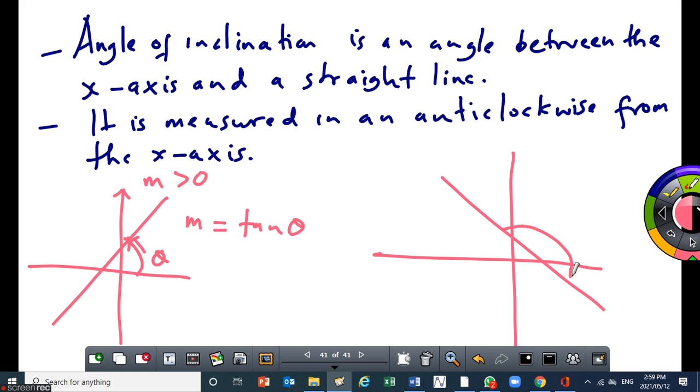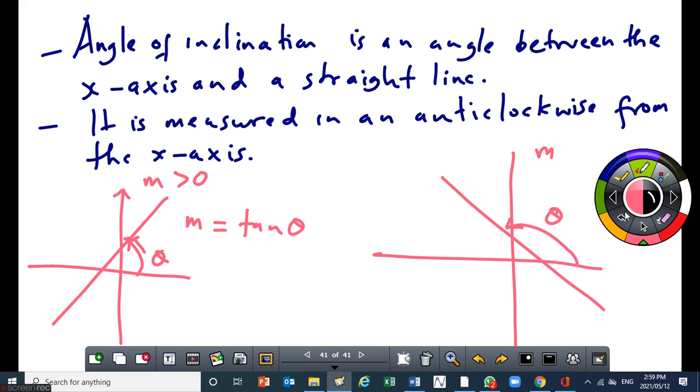That's your angle of inclination. So that's theta. For this case, m is less than 0, we use the equation theta equal to shift tan of m plus 180 degrees.